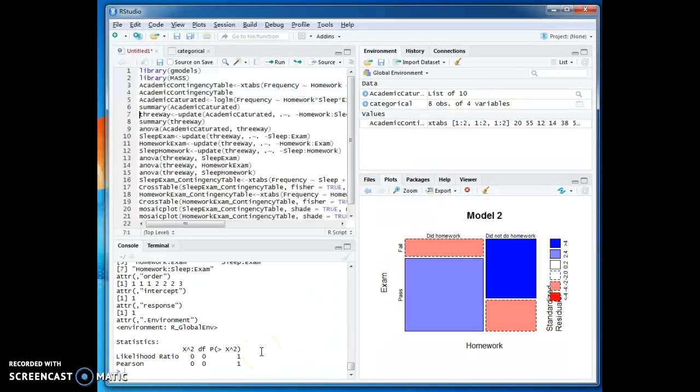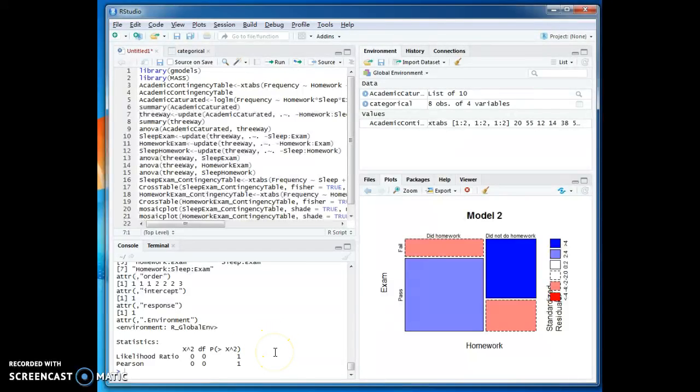We created this saturated model, and we expected that it will fit the data perfectly. The results of the likelihood ratio and the p-value show that the p-value is 1, so it is a perfect fit of the data.